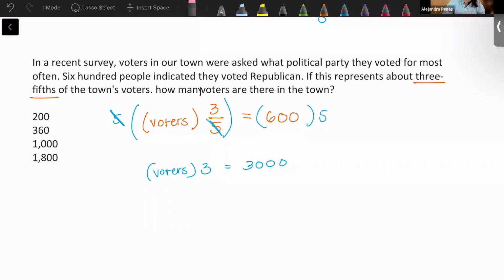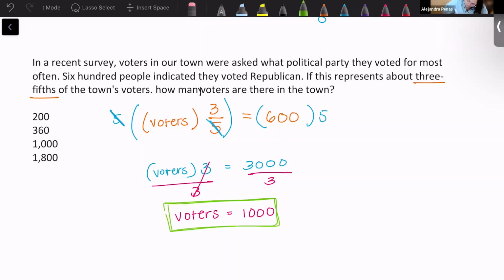And now we're going to divide everybody by 3. So finally, the number of voters would equal 3,000 divided by 3, which would be 1,000. That is the number of voters in this town.